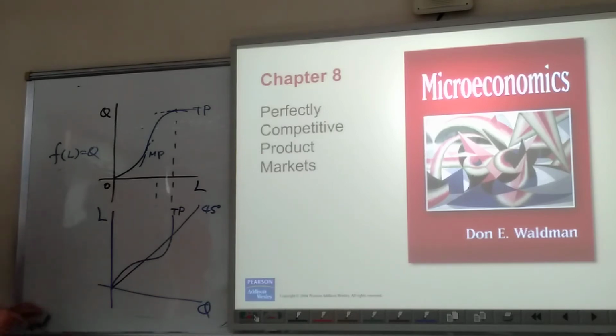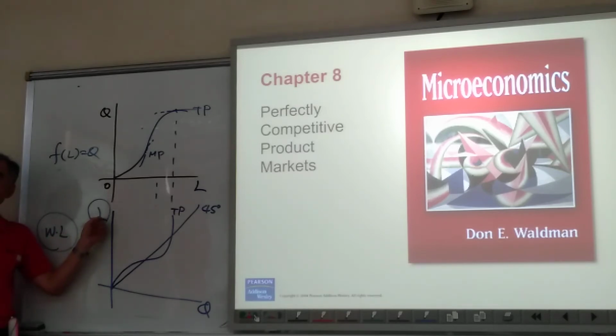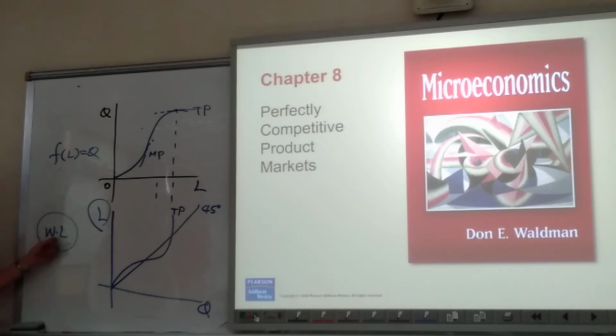Suppose I times this by W. What does that mean? It means cost, right? Here is the amount of labor you use, but I times it by the wage rate, okay? So then what does that mean? This means it's cost, right?